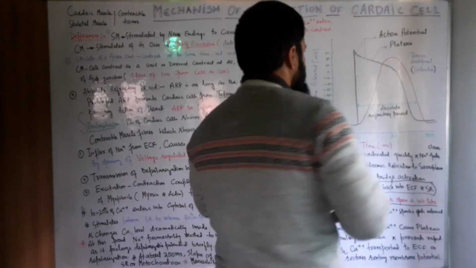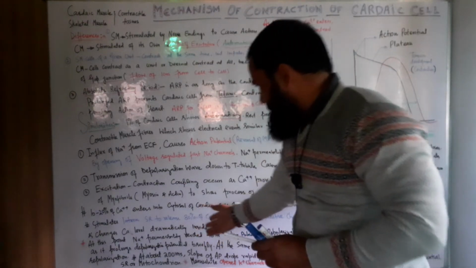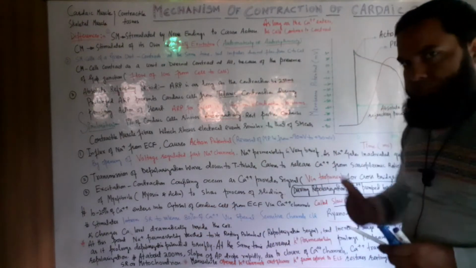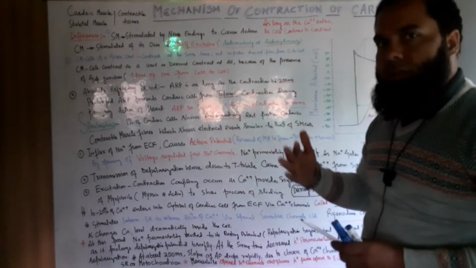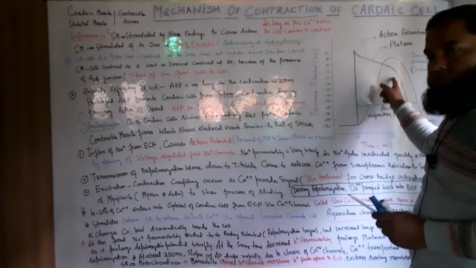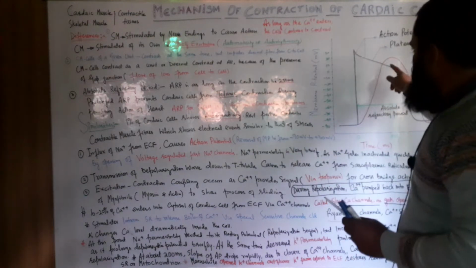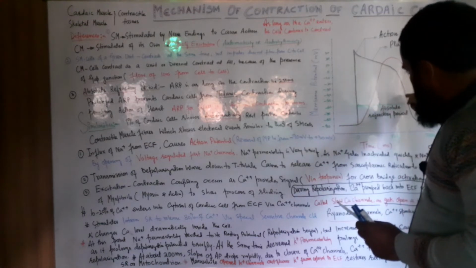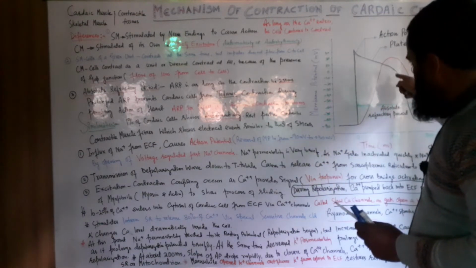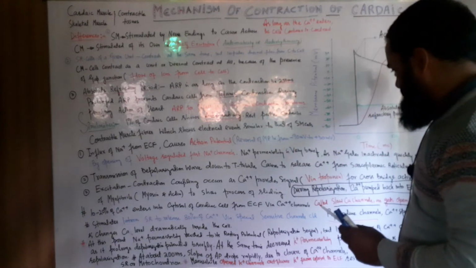On the other hand, the decreased permeability of the potassium also enhances the plateau formation. But when it reaches 200 milliseconds, the slope drops drastically.